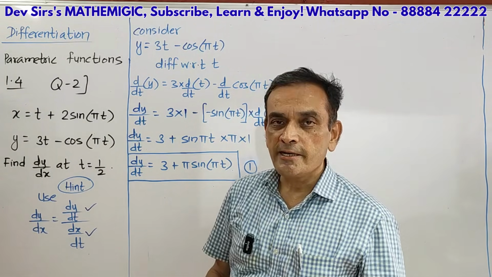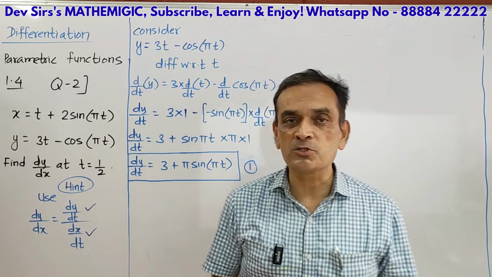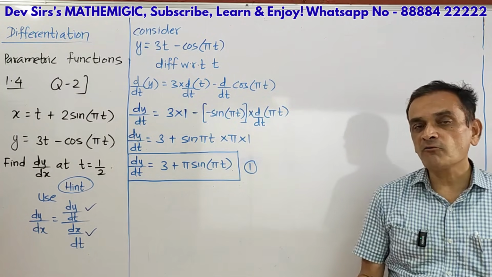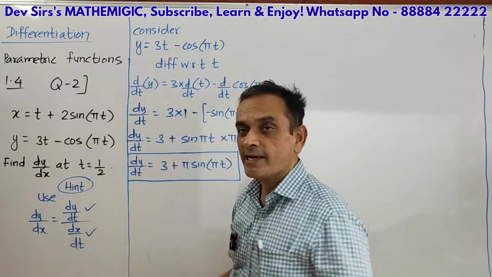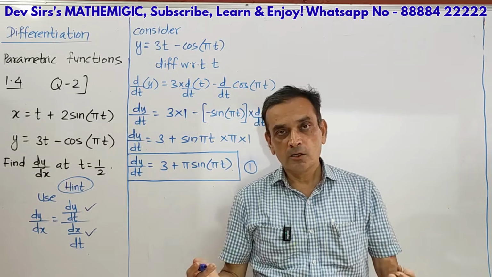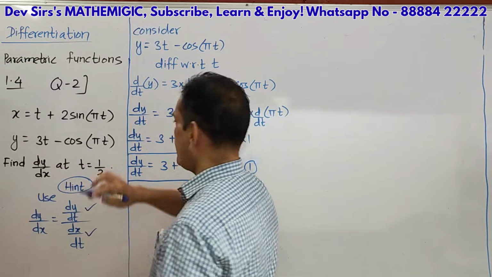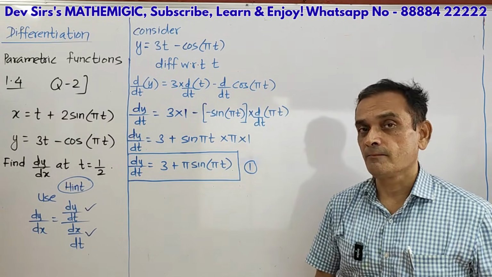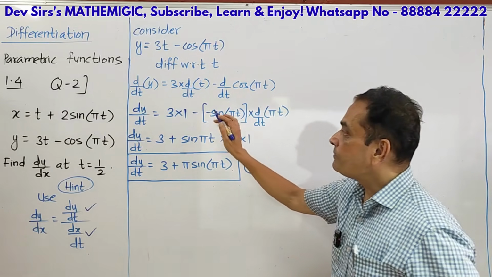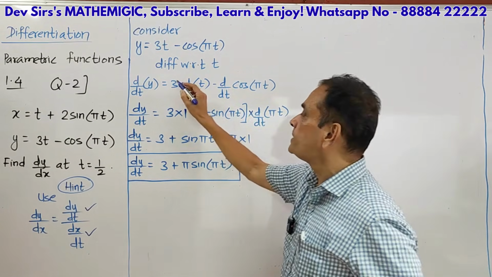So that means d by dt meaning is we are differentiating y with respect to t. We are not finding out dy by dx. We are not taking d by dx of y like in the usual problems. We are taking d by dt of y because t is also a variable, parameter है.